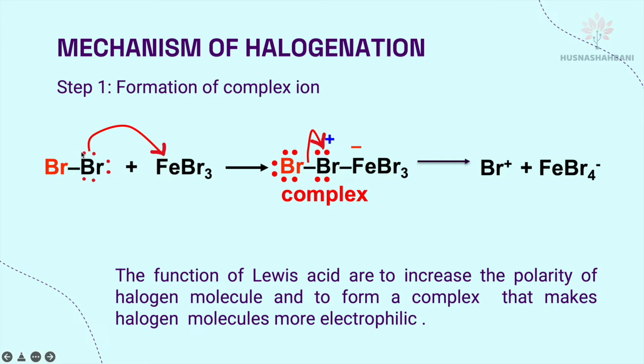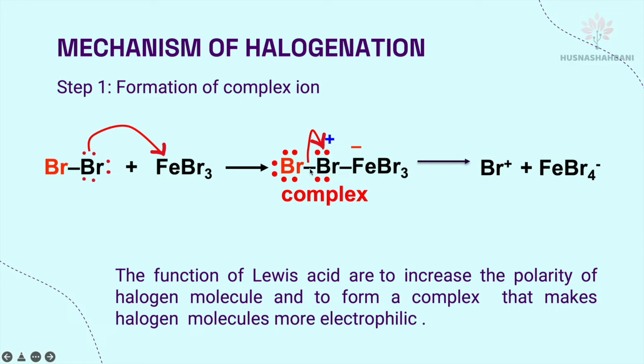This Br uses one of its lone pair electrons to form bond with Fe, making this complex FeBr3. This Fe becomes minus because it has 8 electrons in total. And then since this Br loses one of its lone pair electrons, this Br becomes Br positive. So it needs to gain its lone pair again.